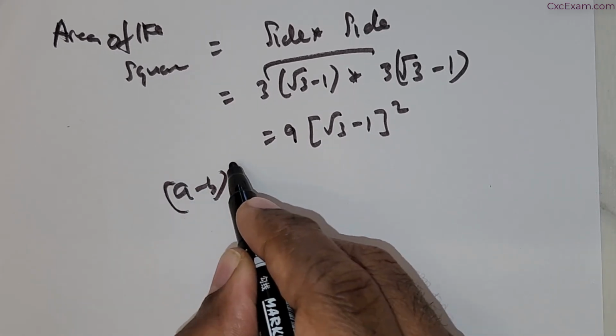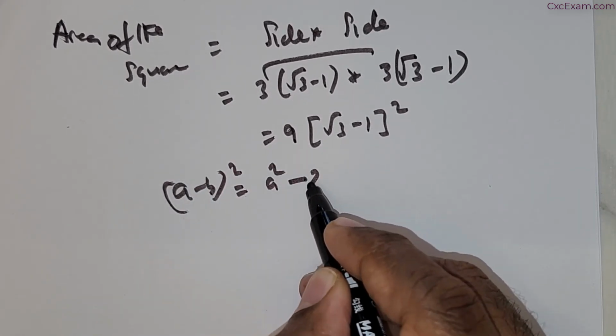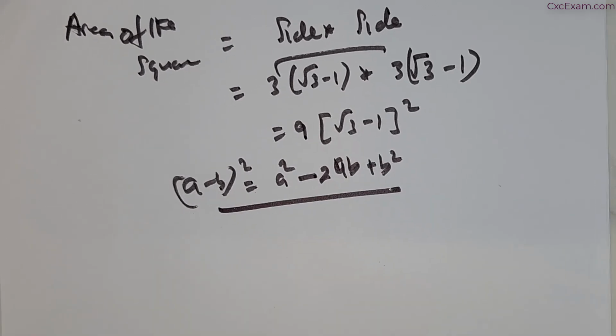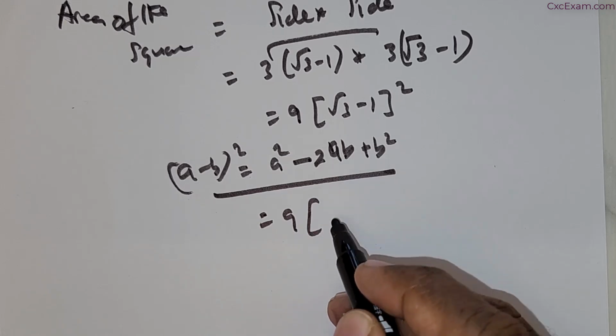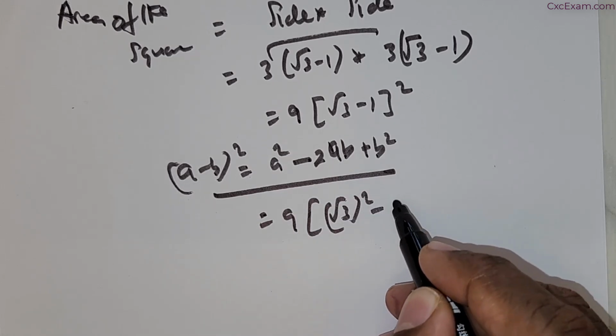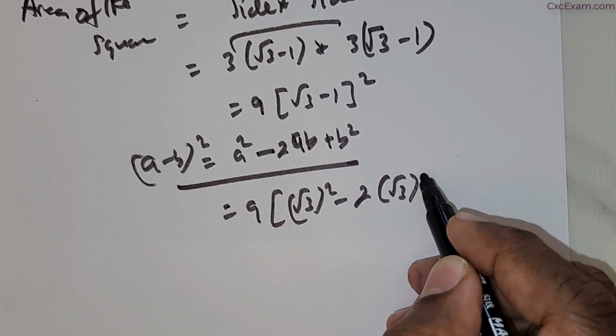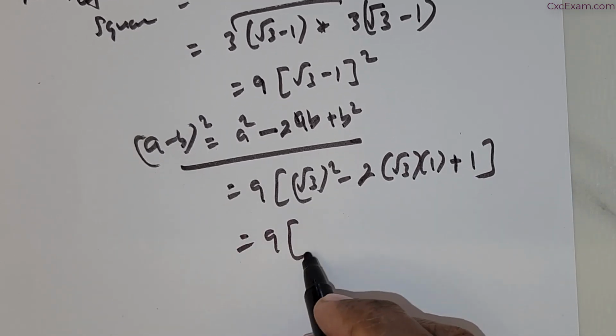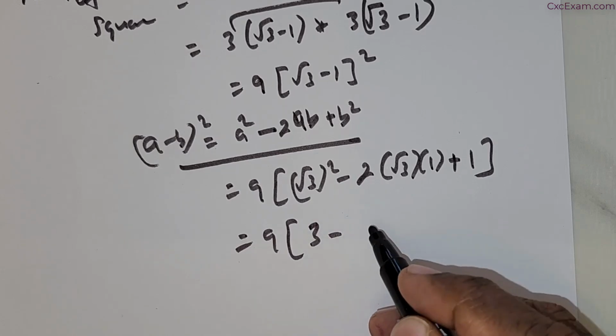I will have to use the (a minus b) whole squared formula, which is a squared minus 2ab plus b squared, which upon substitution would give me root of 3 whole squared minus 2 times root of 3 times 1 plus 1. This is 9 times root of 3 squared is 3.